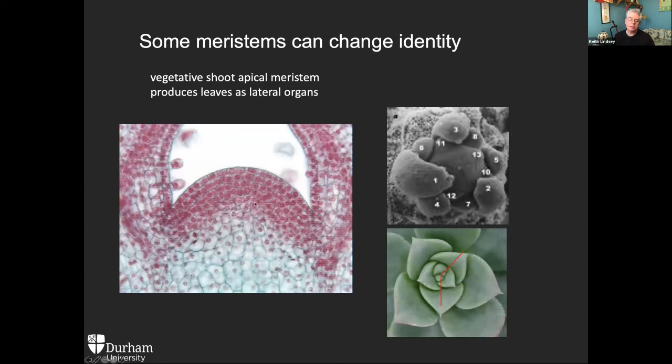So as I showed before in a slide, this shoot apical meristem divides slowly, but it will divide. There's more division at the flanks, and at the flanks of this meristem are new leaves formed. And this is a scanning electron micrograph of the top of a shoot apical meristem, and then the new leaves are formed in a kind of spiral, in some species anyway, this spiral arrangement. It's quite a neat arrangement.